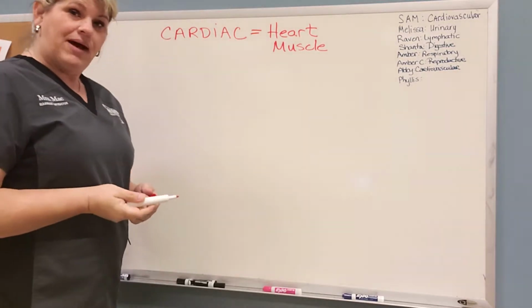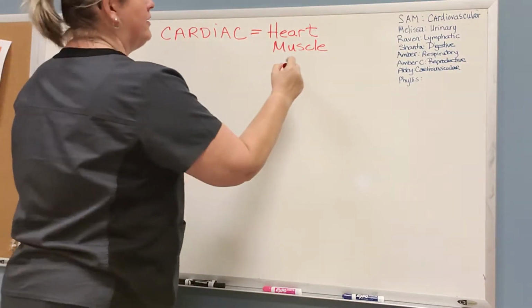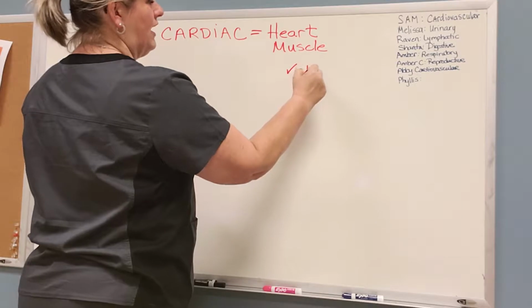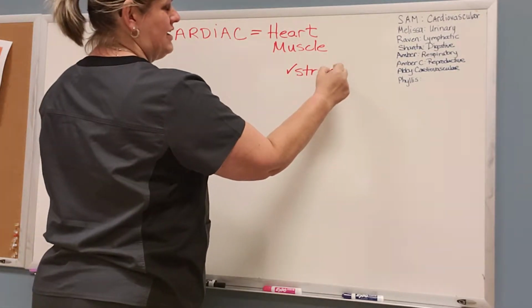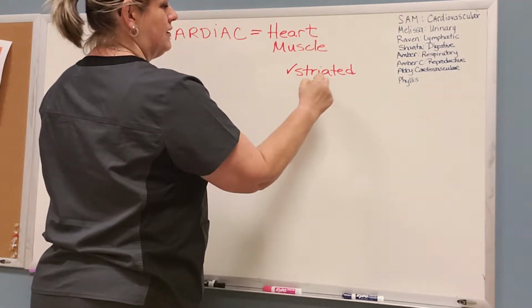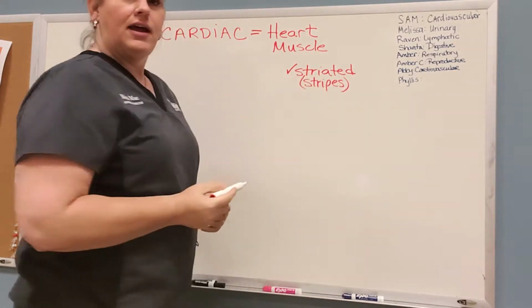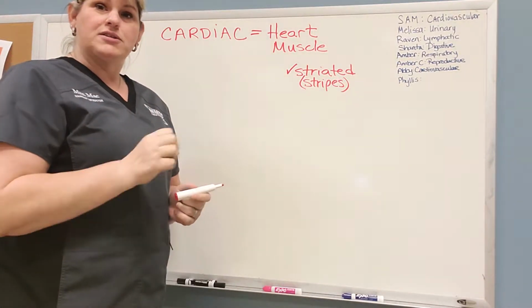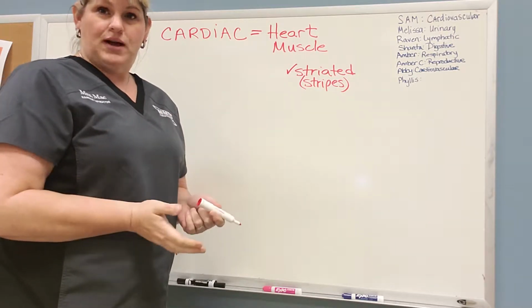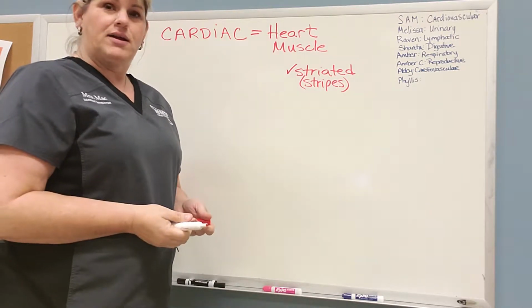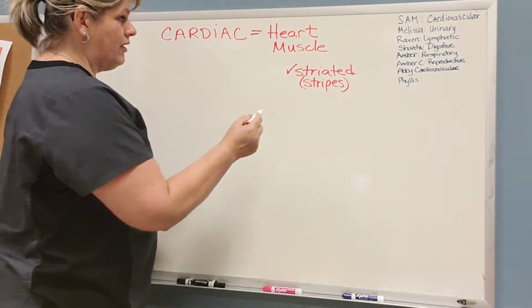What is unique about the heart muscle? Well, remember, it is striated, which means it has stripes, similar to a skeletal muscle. And the reason it's striped is because it moves so much. Without our heart beating every minute, we wouldn't be here.